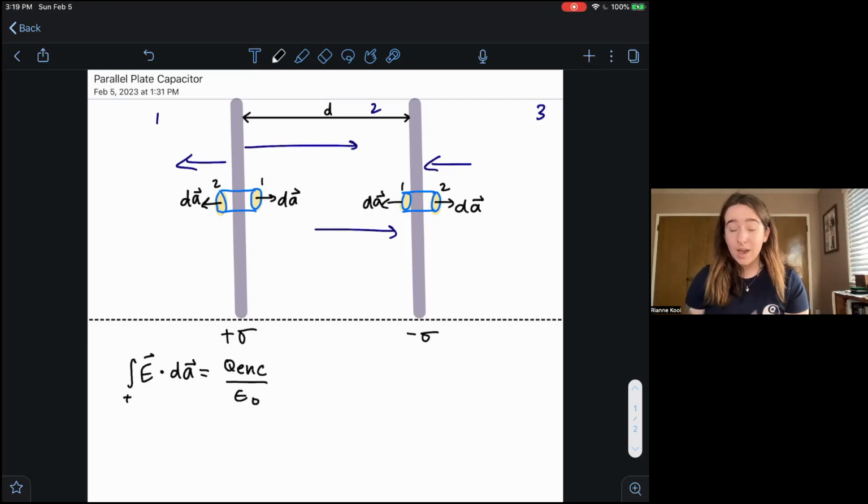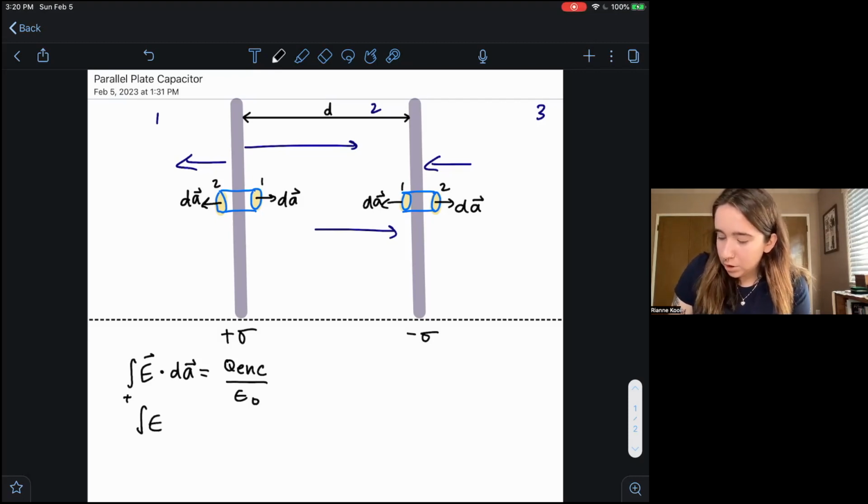So what's going to end up happening is that we're going to end up with a value that looks like E times 2 dA equals Q enclosed over epsilon naught.